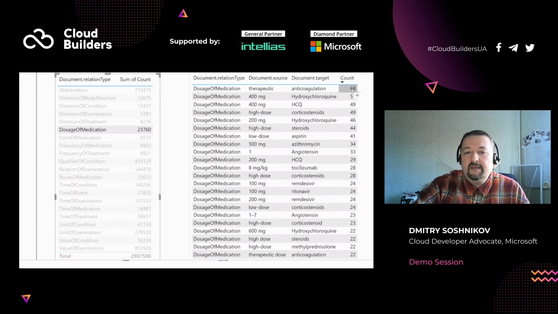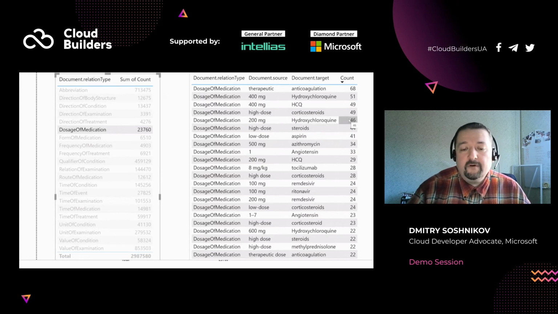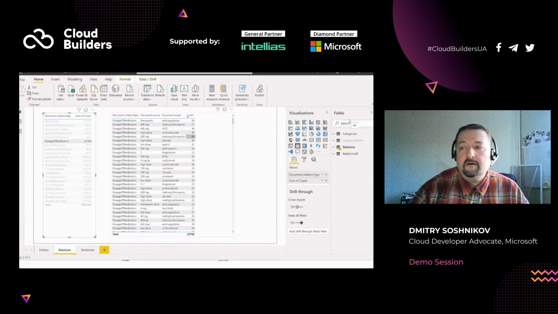So for example, you see that hydroxychloroquine and 400 milligrams was mentioned 51 times, and HCQ, which is the same as hydroxychloroquine, was mentioned another 49 times, and then 200 milligrams mentioned 46 times. And those kinds of things you can view automatically using this dashboard.